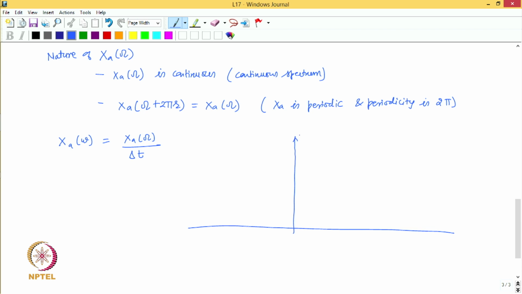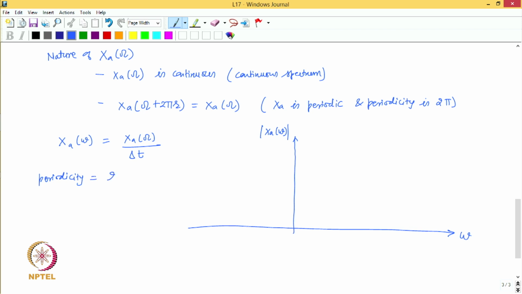So here we are going to now plot X_a(omega), and on this axis you will have omega, the frequency. You can see X_a(omega) is also going to be periodic, and what will be the periodicity?